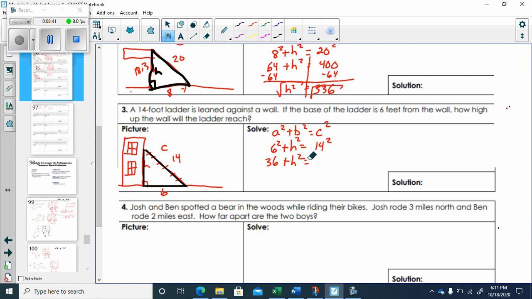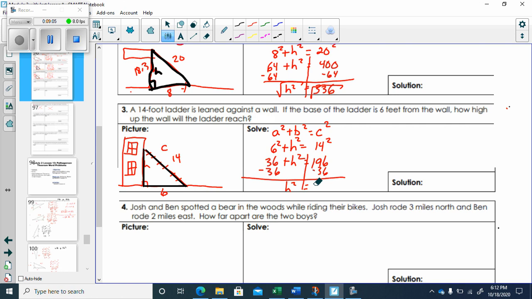And then 14 squared is 196. Let's subtract 36 from each side. H squared is equal to 196 minus 36.